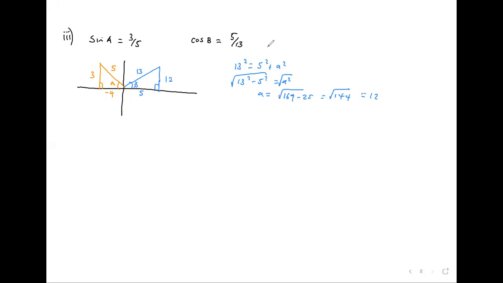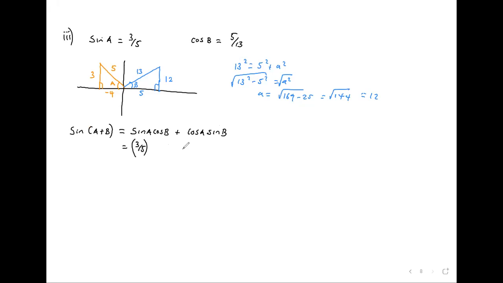Then now we can go to the question. Question says, find sine A plus B. We know that this is just sine A cos B plus cos A sine B. But sine A is known, is 3/5.